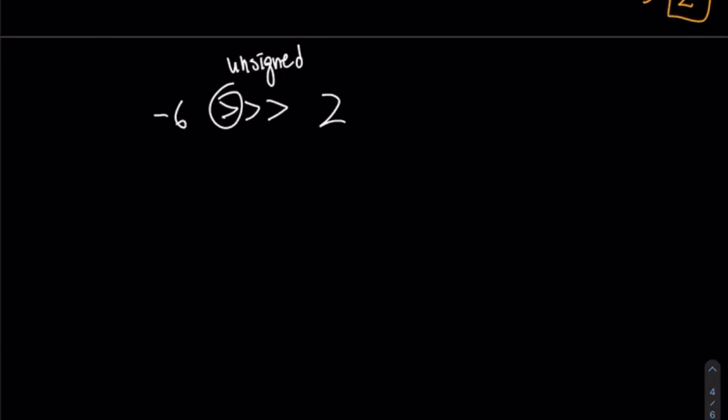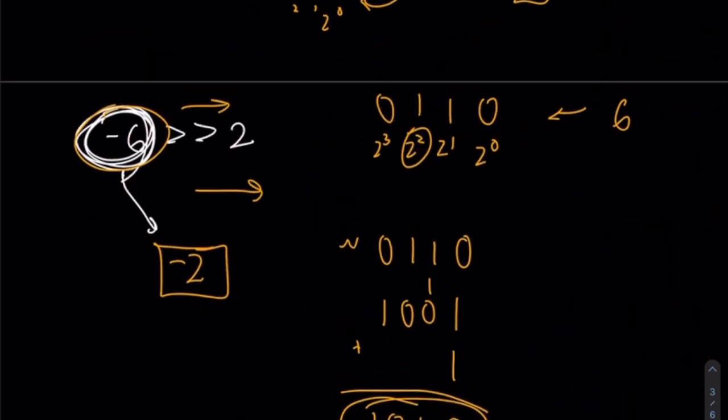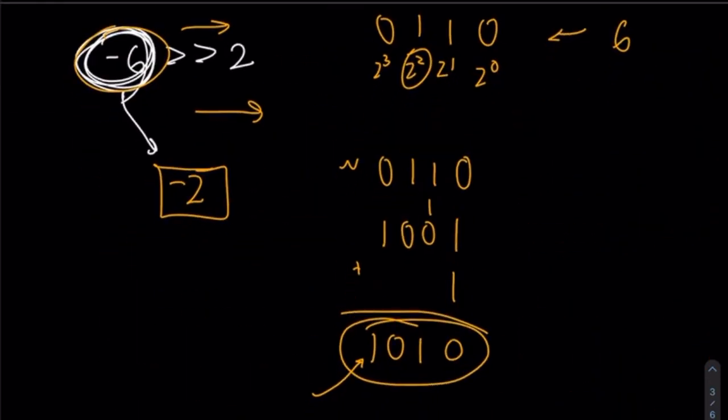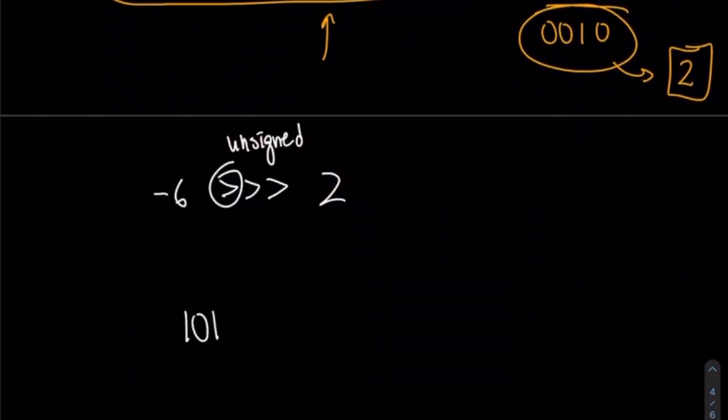So our first step, just like signed, is to convert -6 to binary, and for the sake of time we'll just see how we implemented it here: we converted it to binary, we complemented it, and then we added 1. So -6 is 1 0 1 0, and then we want to shift this 2 spaces to the right.